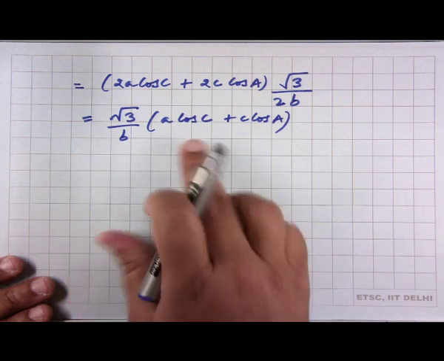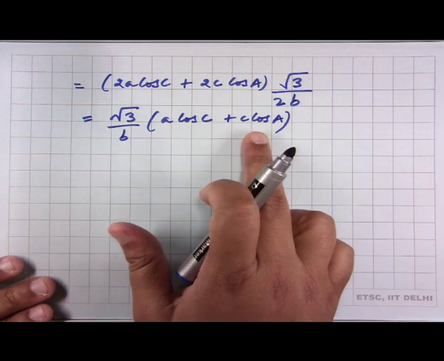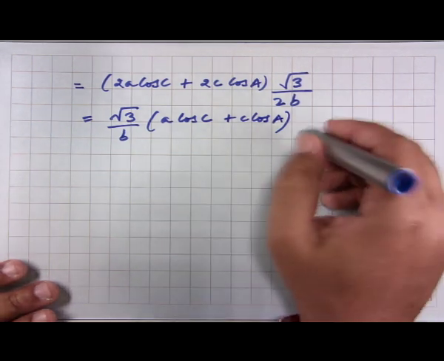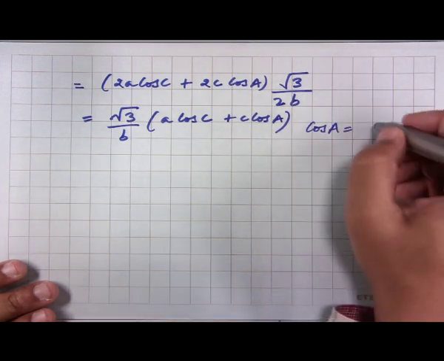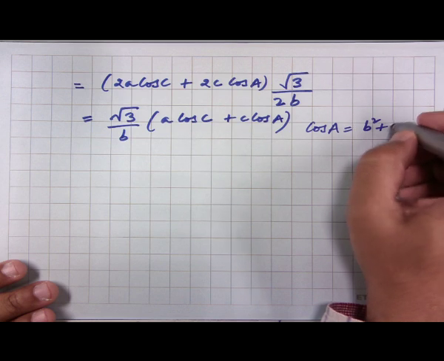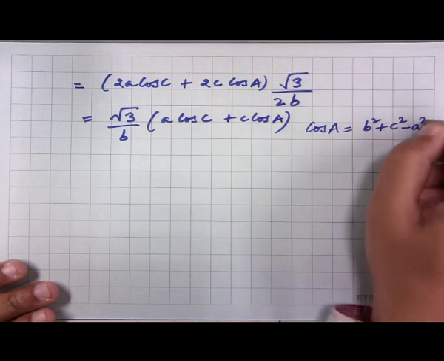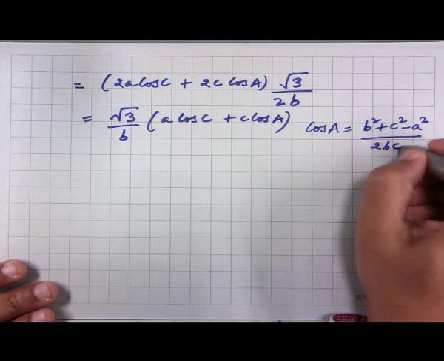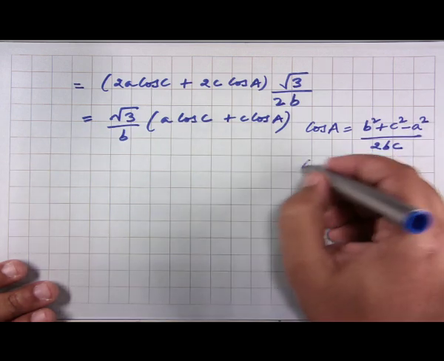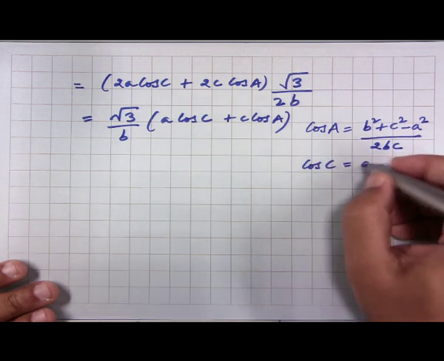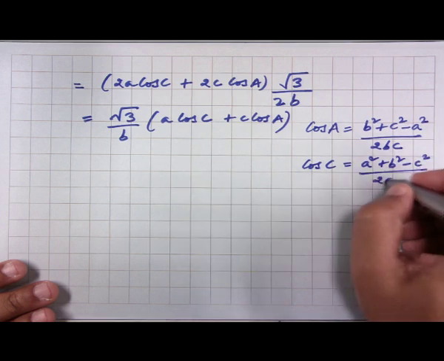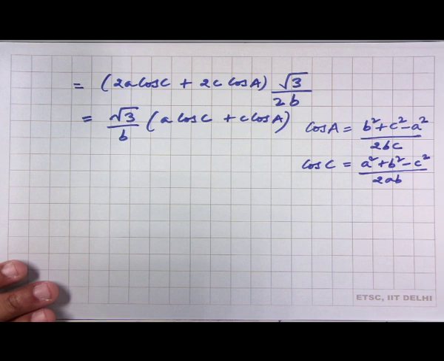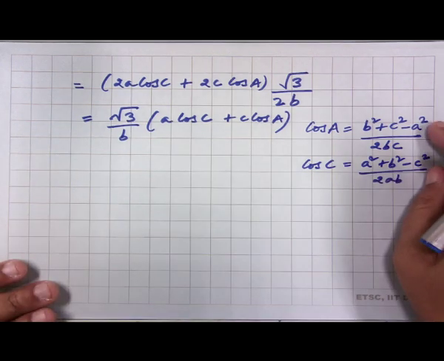Here, since we have the cosines remaining, we can use the cosine law. From the cosine law we know that the cosine of the angle A is equal to (b square plus c square minus a square) upon 2bc, and cosine of angle C is equal to (a square plus b square minus c square) upon 2ab. These two formulas we had already derived in the previous lectures.